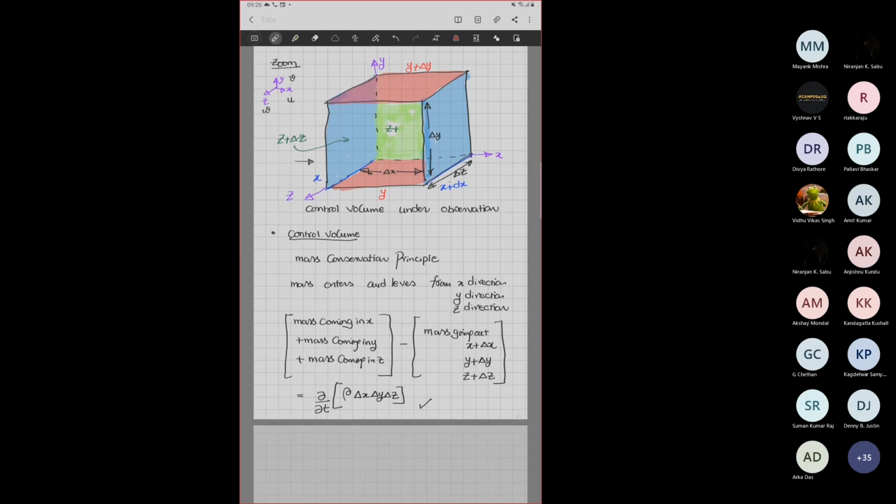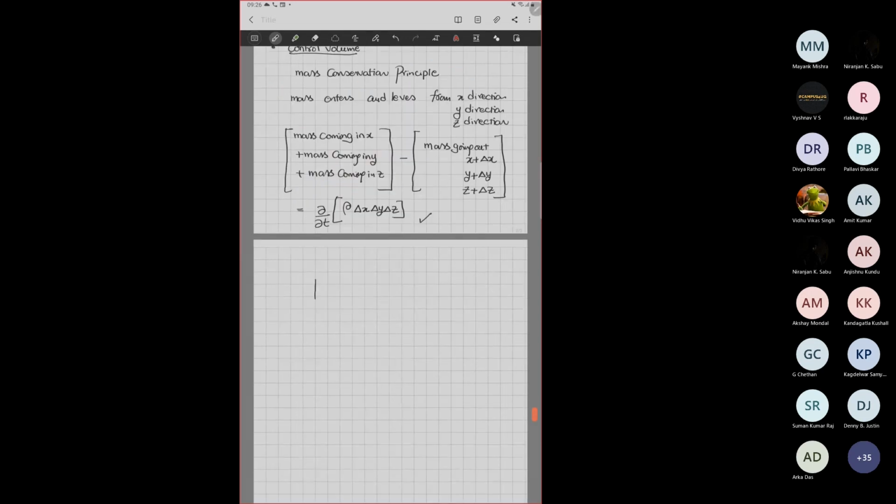Think of something like a classroom. People are coming and there is an exit. More persons are entering that room but not going out. Naturally, they will be jam-packed. More mass is accumulated inside the system.